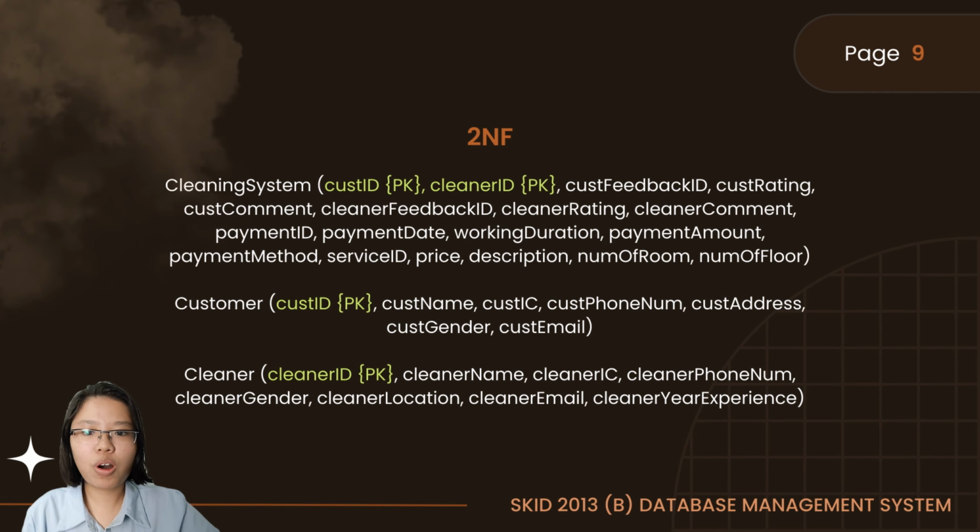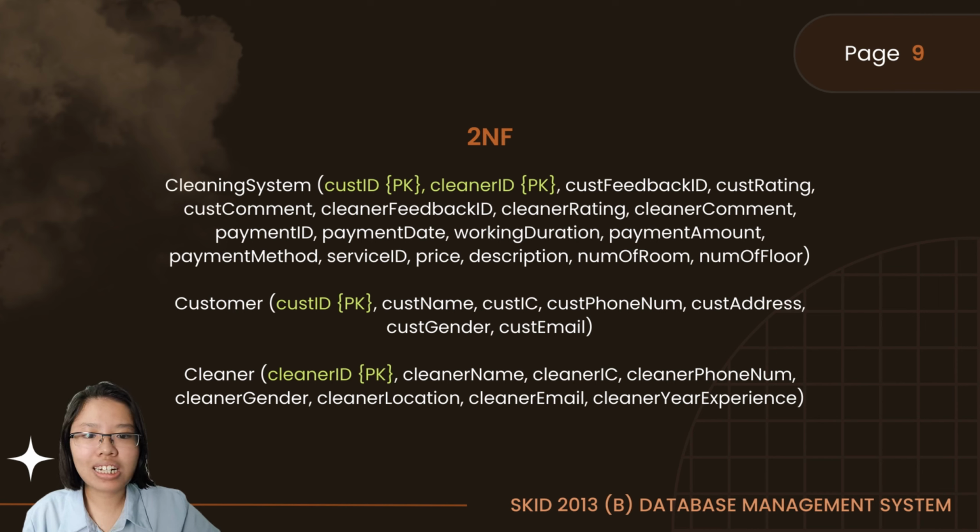For the second normal form, 2NF, we will identify the primary key for the first NF relation and identify functional dependency in the relation. If partial dependency exists on the primary key, we will remove them by placing them in a new relation along with the copy of their determinant.